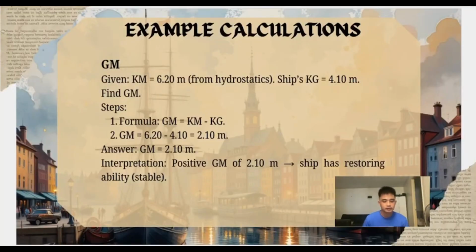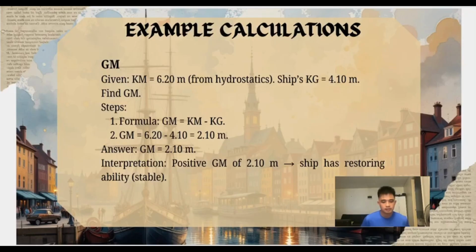Example calculation for GM. So the given is KM is equal to 6.20 m from hydrostatics. Ship's KG is equal to 4.10 m. Then find GM. So the step is, first, the formula is GM is equal to KM minus KG.